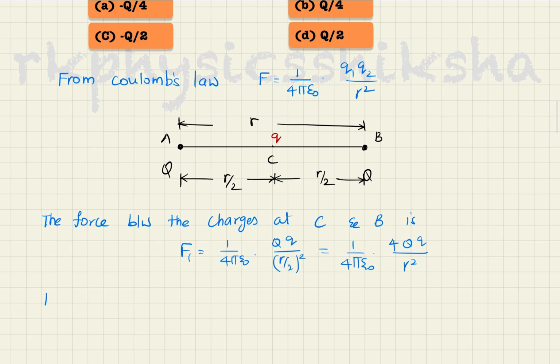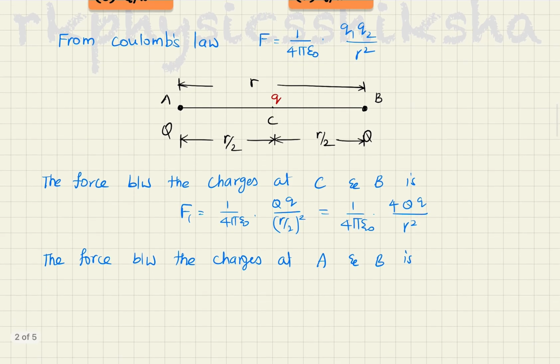Now the force between the charges at A and B: the distance between them is r. So the force, which I will take as F2, is equal to 1 by 4 pi epsilon naught into capital Q into capital Q divided by r square.